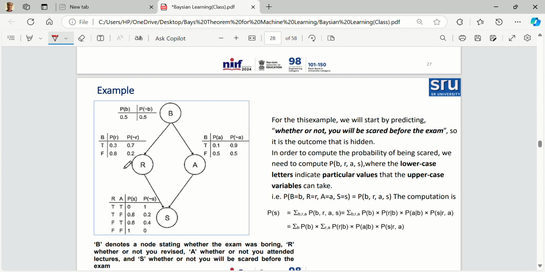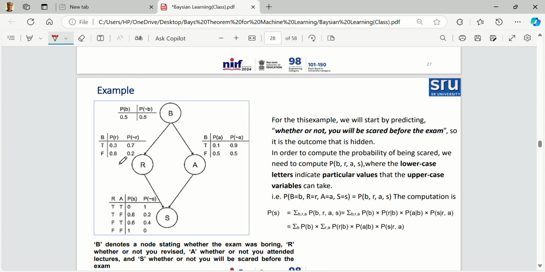Then you get the other cases, which depend on B. For reading: when B is true, 0.3, so 30% are reading and 70% are not reading. In the false case, 20%.